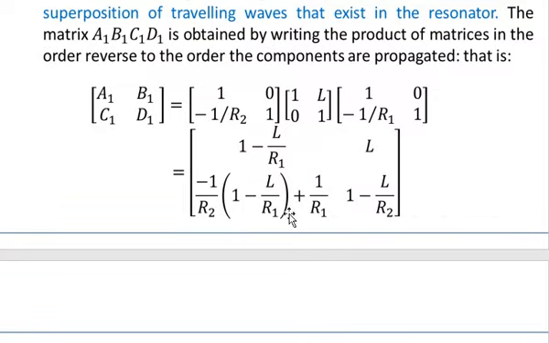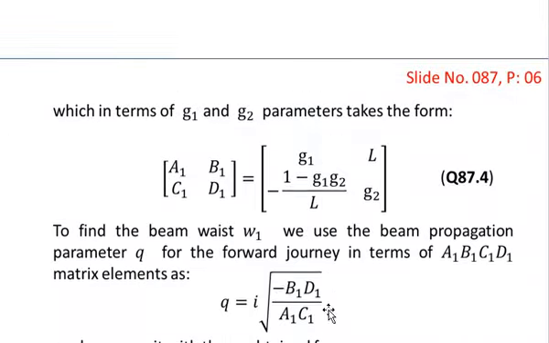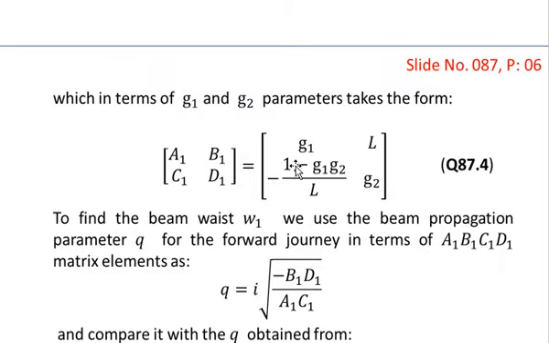So expanding this term over here and introducing the parameters G1 and G2, we have the matrix A1, B1, C1, D1 is equal to G1, L, minus 1 minus G1 G2 over L, and then G2, as shown in equation number 4. So this is the representation of the A1, B1, C1, D1 matrix in terms of G parameters.